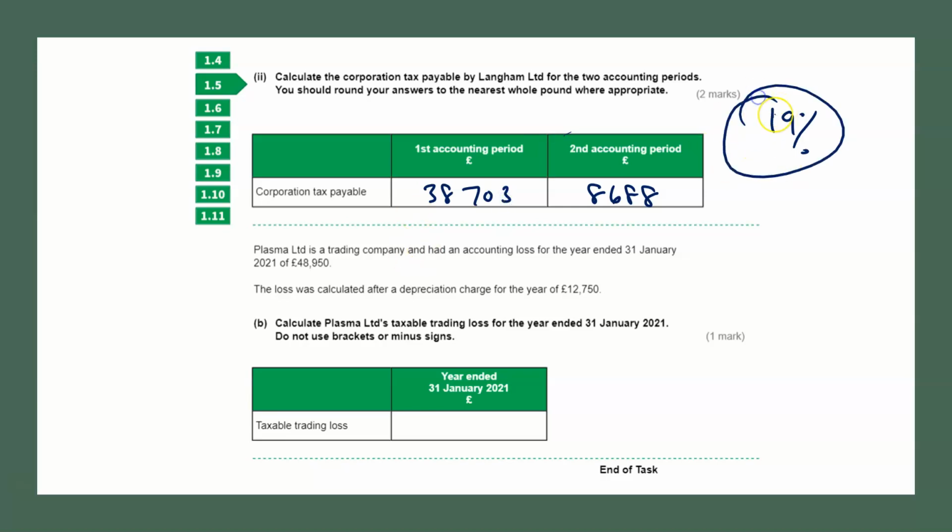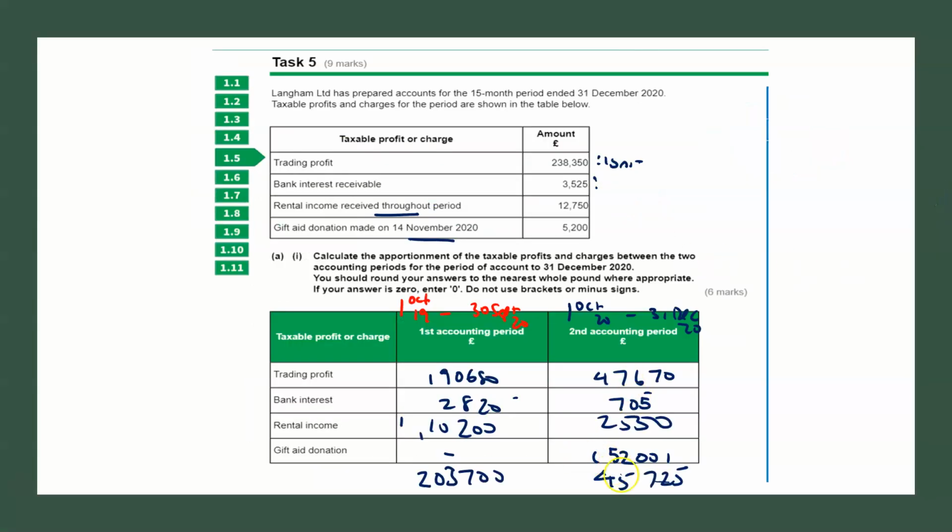Because the corporation tax is at 19%, it doesn't really matter, it's always 19% on the amount, however much it is. So even though this is a 3-month period, it's still 19%, because you earn these profits in 3 months, so you multiply that by 19%.